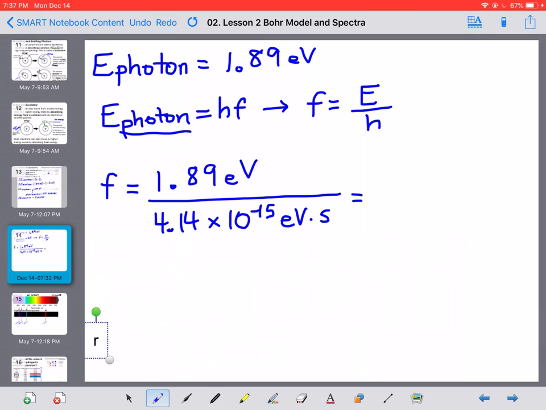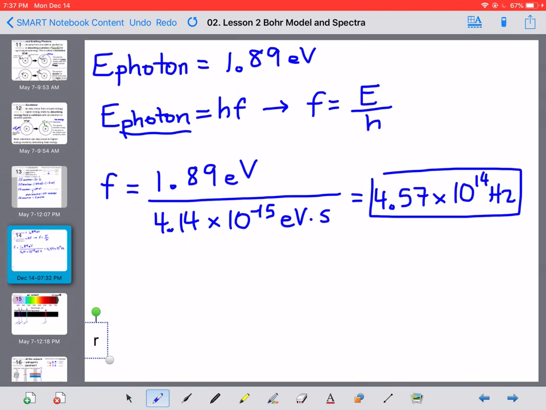And that gives 4.5652 times 10 to the 14. I'm just going to round to 3 significant digits. So 4.57 times 10 to the power of 14 hertz is the frequency.